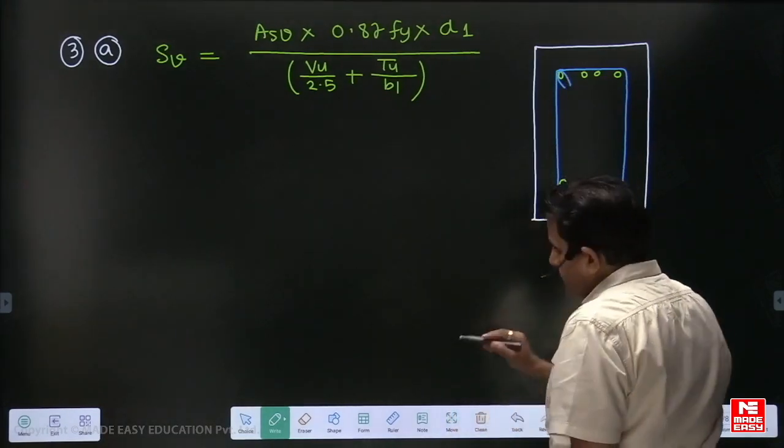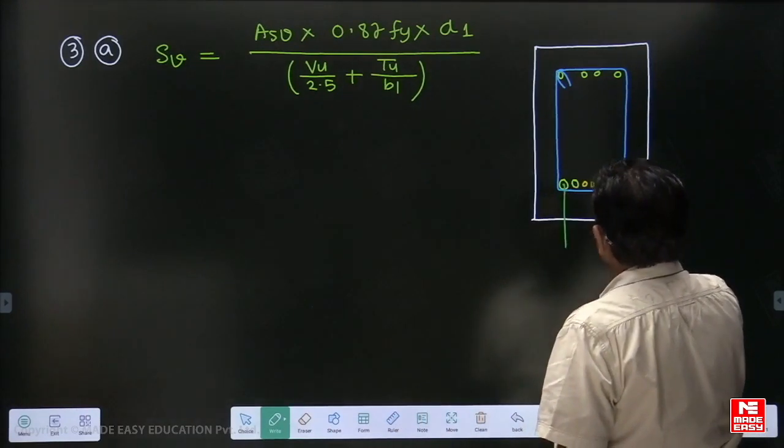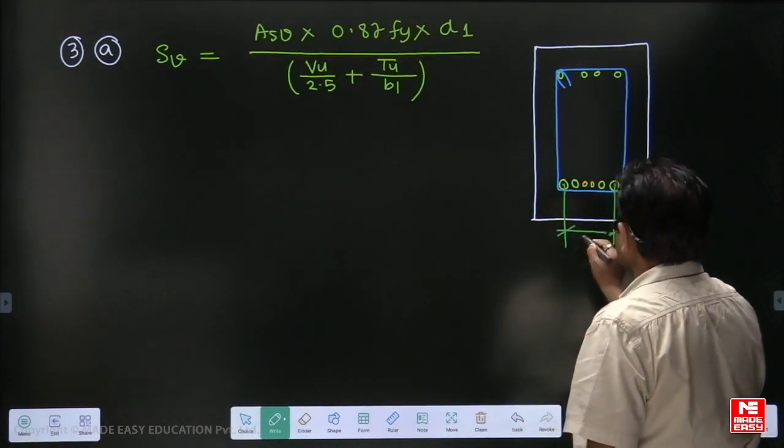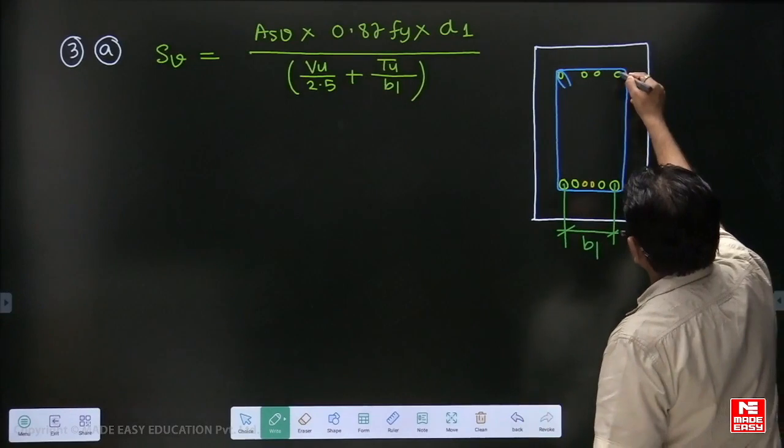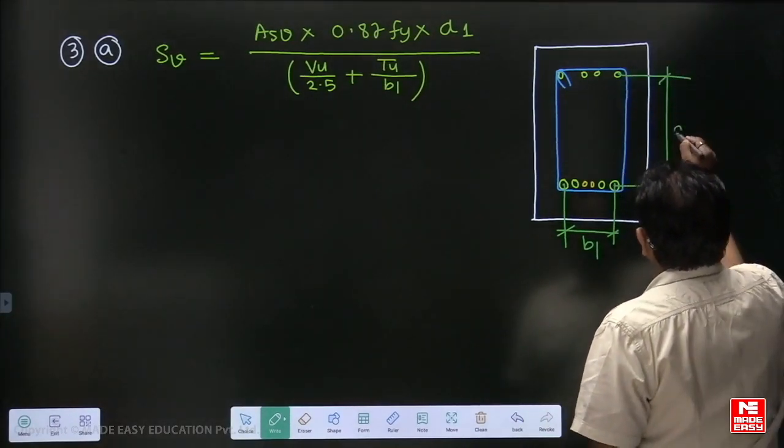The distance between the centers of these main bars in this direction is called B1, and the distance between the centers of main bars in this direction is called D1.